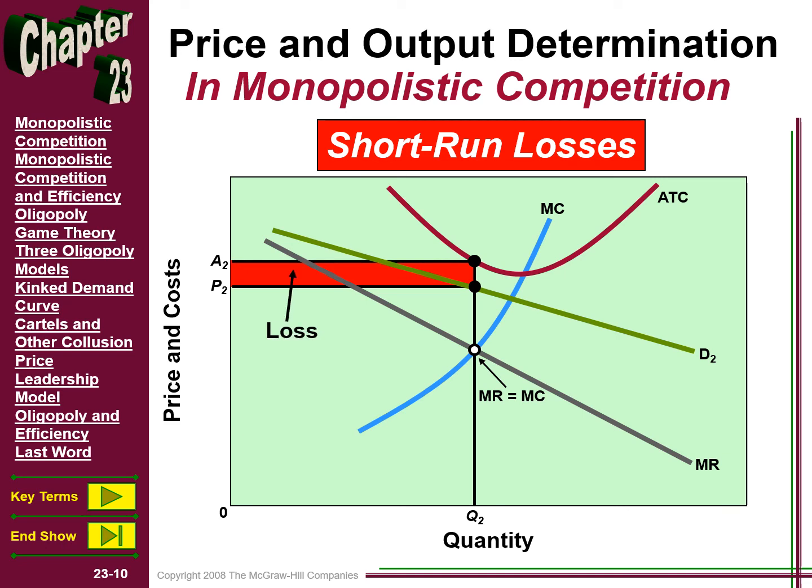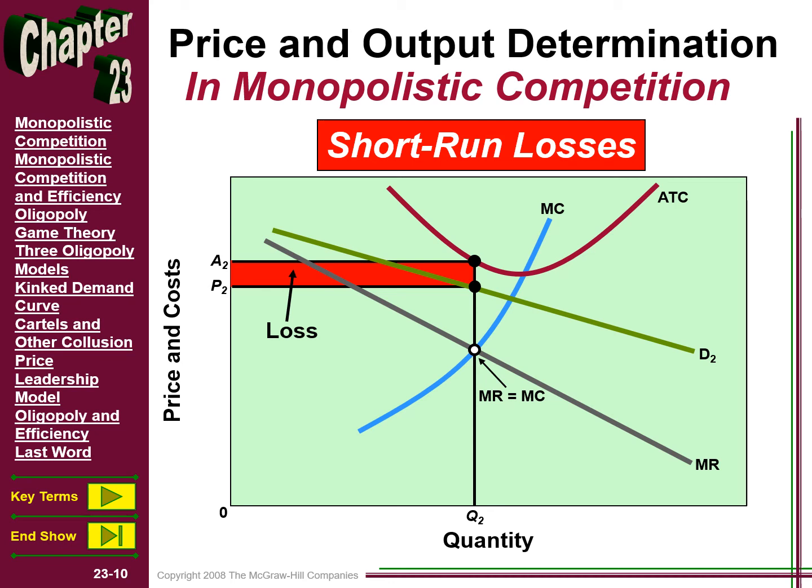So this firm would produce at Q2 where MR equals MC. Remember, the MR equals MC rule always tells the firm the profit-maximizing or loss-minimizing level of output in the short run. The firm will always equate the additional revenue it receives from selling the next unit of output to the additional cost incurred for producing it, the change in total cost.